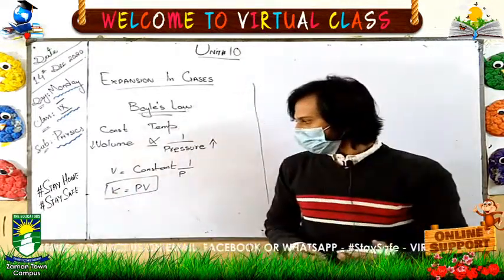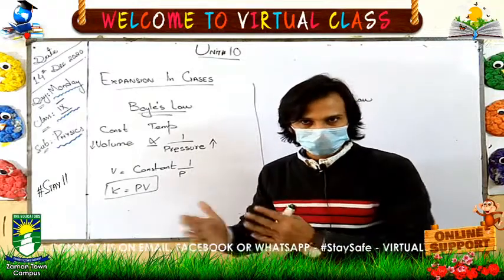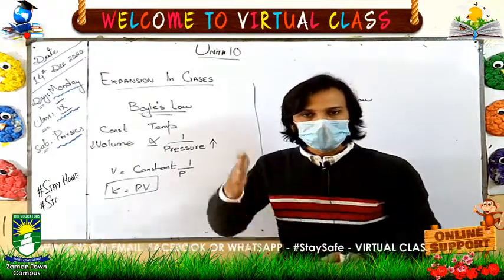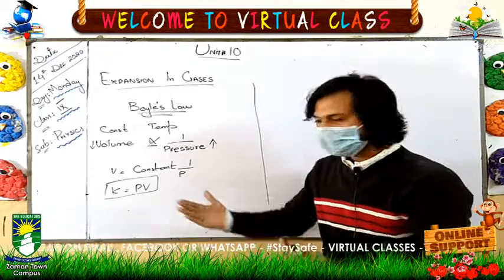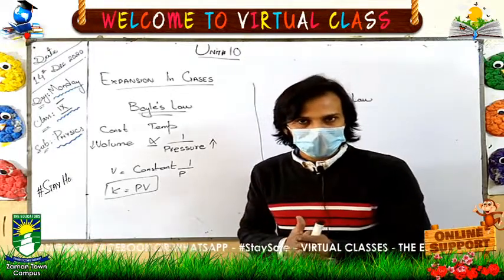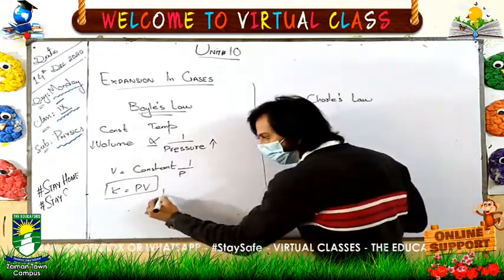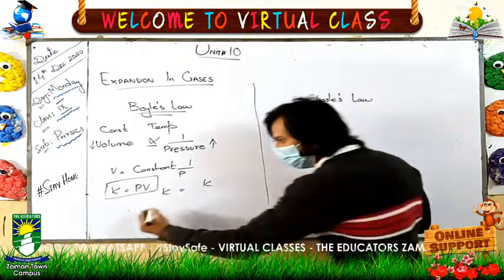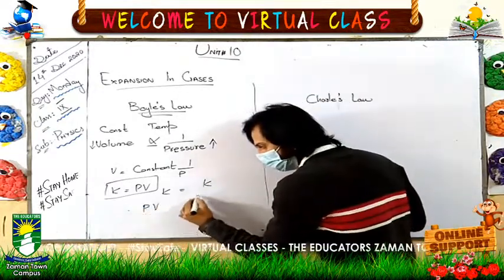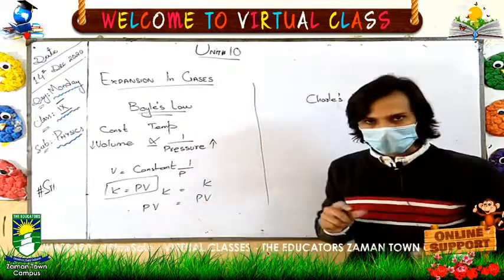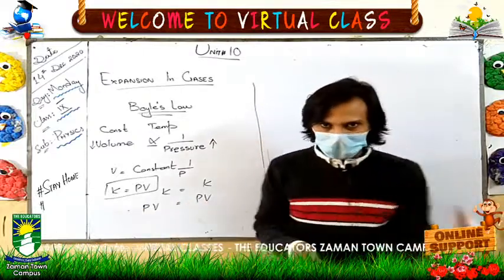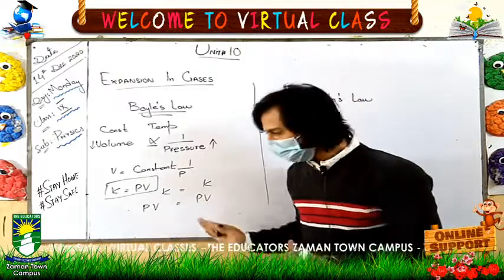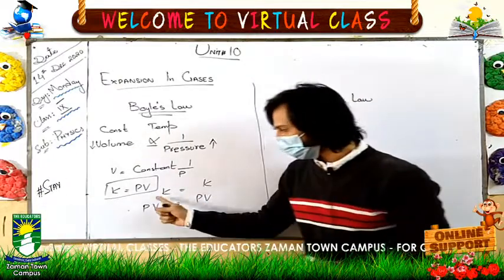Okay, so if we want to find a situation where we can find the relation between initial and final pressure, we know that the constant remains the same. Okay, constant remains the same, it means we can write like this. If you are talking about the same gas at the initial pressure and the final pressure, the constant remains the same.